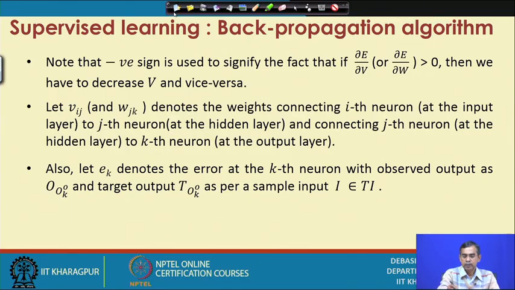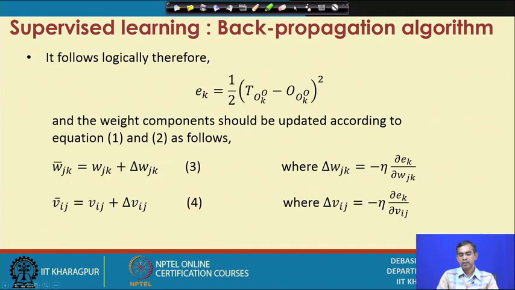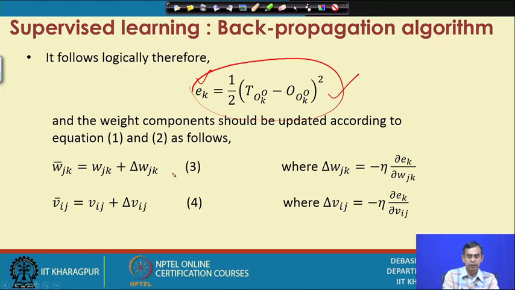With this concept, we will be able to learn about the back propagation algorithm quickly. As we have learned, E k is the error of the kth neuron in the output layer, and if we know it, then we shall be able to know the incremented value del w j k.